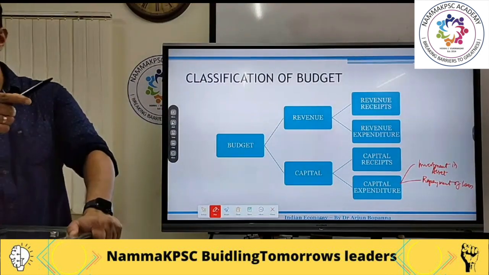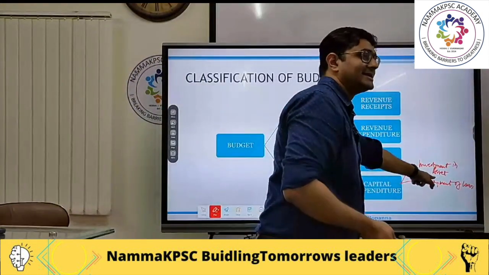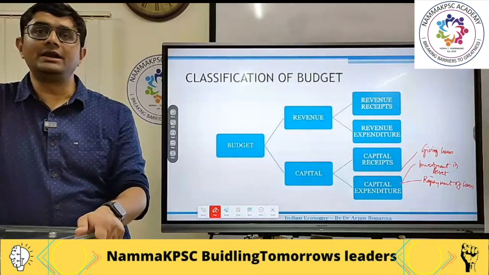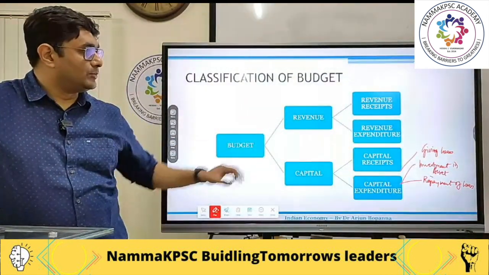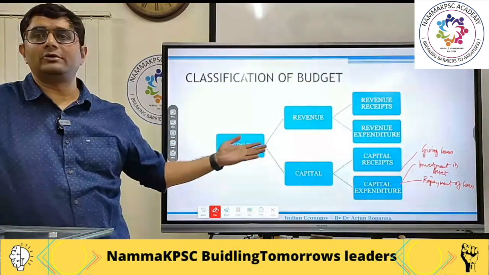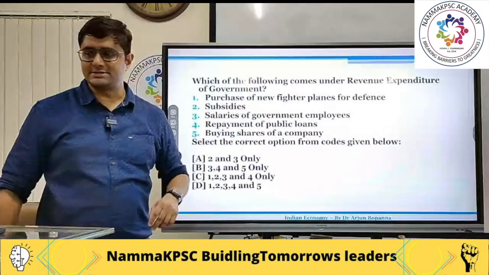When you give a loan to somebody else, that is creating an asset, so giving a loan is also capital expenditure. Repayment of loan reduces liability. We'll come to this. Now just answer this question.